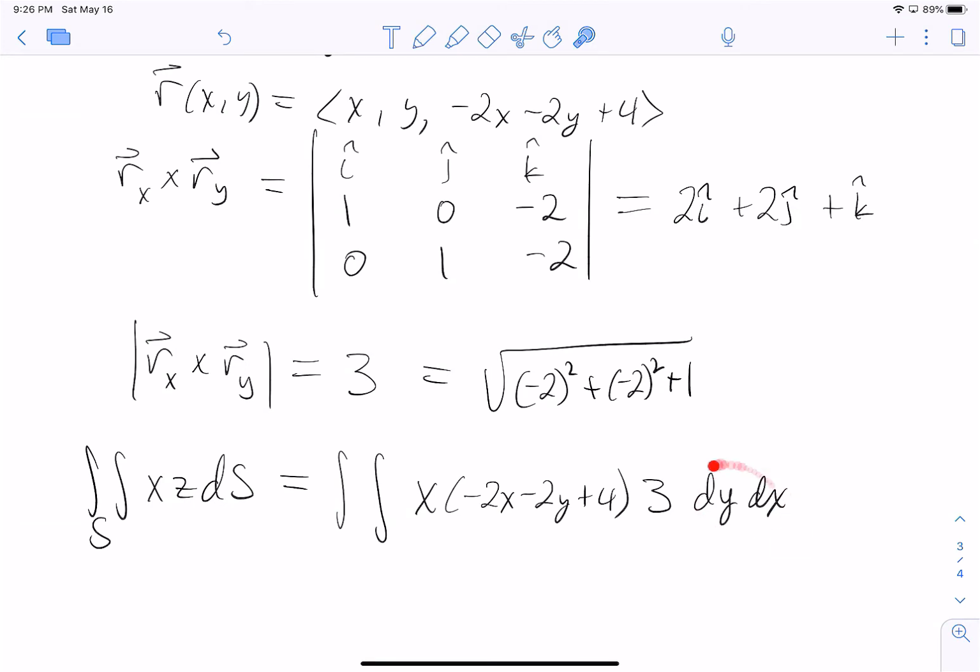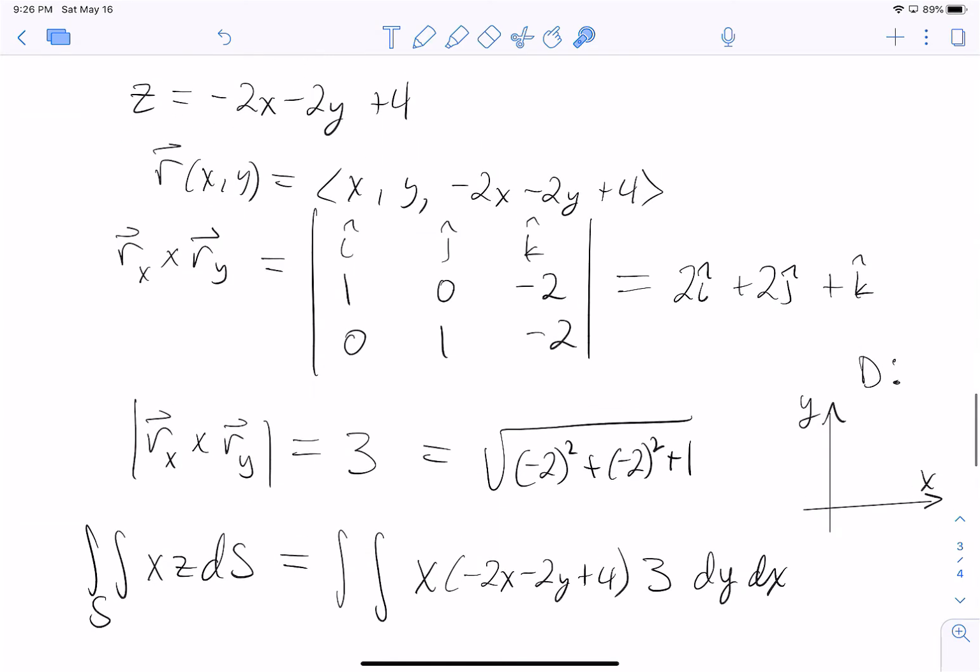That was kind of an arbitrary decision on my part. We need to figure out the limits with respect to x and y. And for that, we need to consider the region D, and D is going to be a region in the xy plane. We're going to figure out what it is by the equation of the plane that we were given.